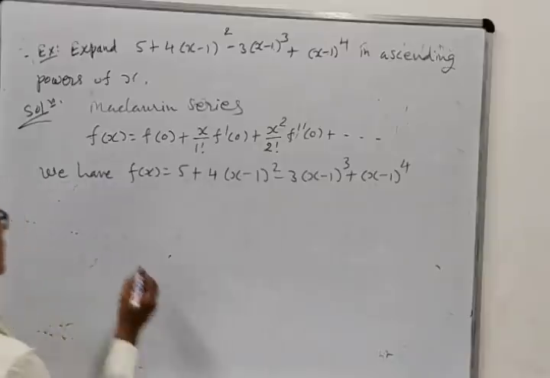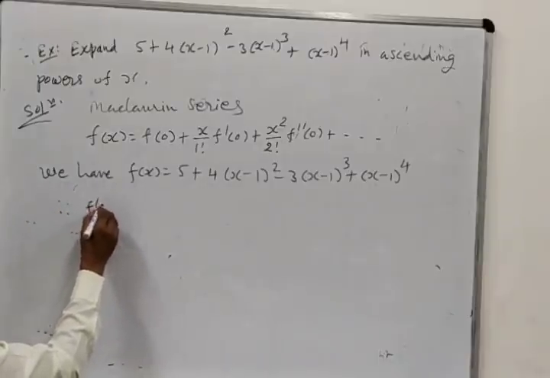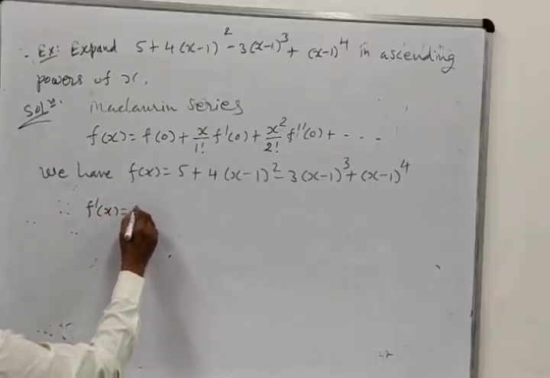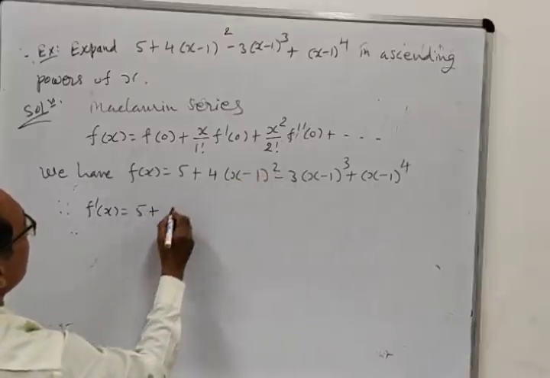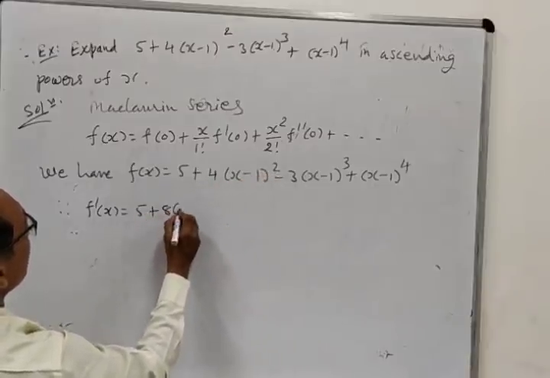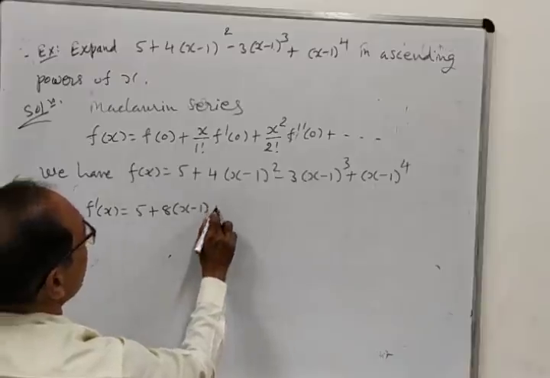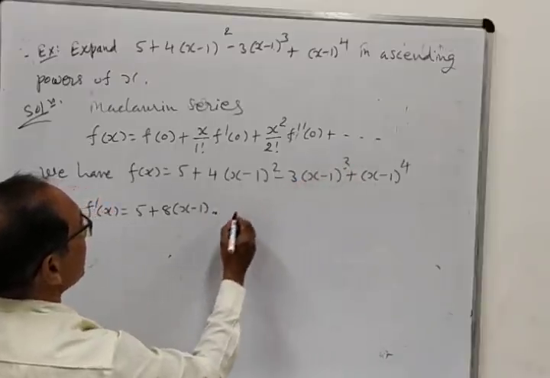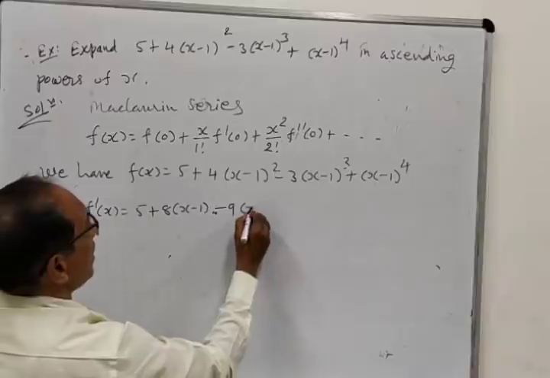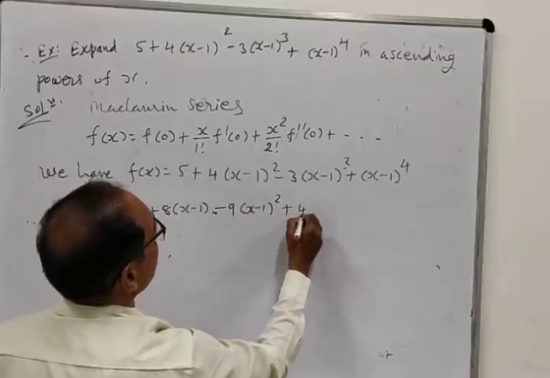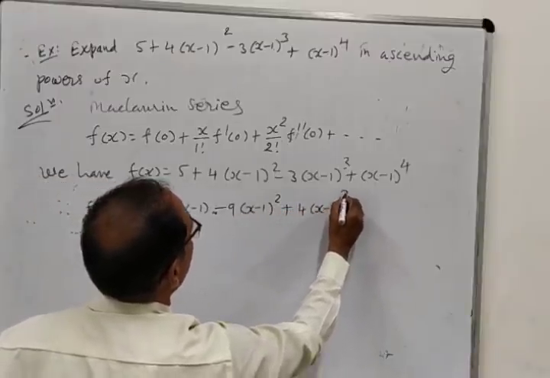Now we want its derivatives, therefore f dash x equal to 5, whose derivative is 0, plus 8 times x minus 1, minus 9 times x minus 1 square, plus 4 times x minus 1 cube.